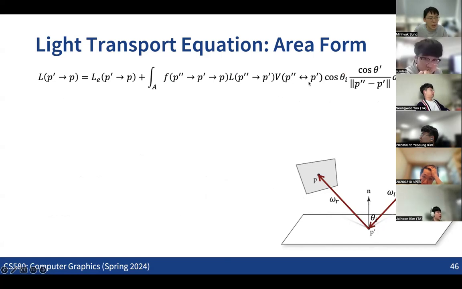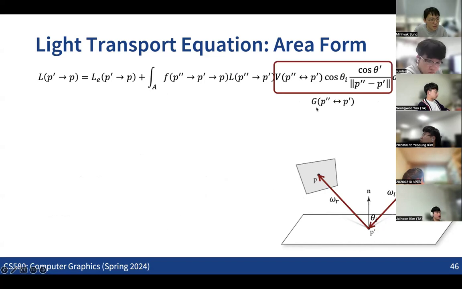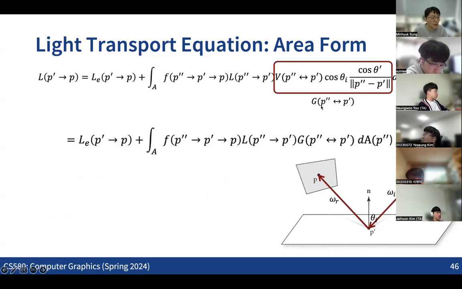We can see that now we have the new visibility term here, and we replace the differential solid angle here with the differential area. For simplicity, let's also introduce another term, which is G here. Then we can write the LTE in the area form like this. Make sense? Simple.